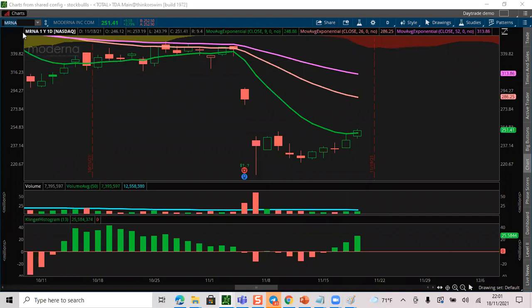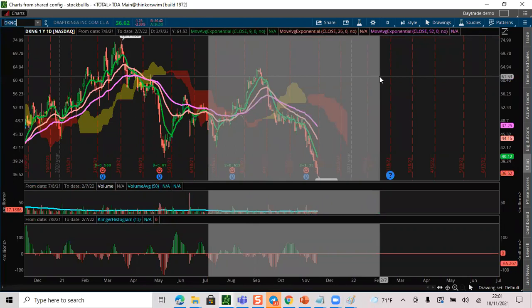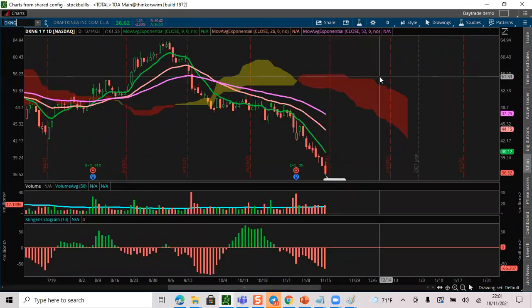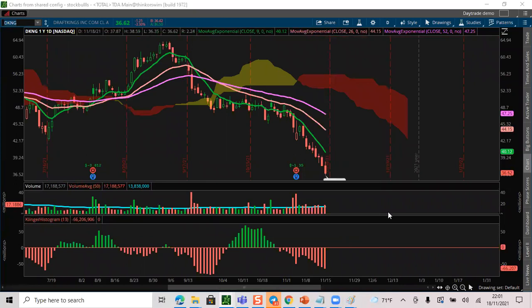Okay, DraftKings. DraftKings is clearly bearish, from the top around $64.